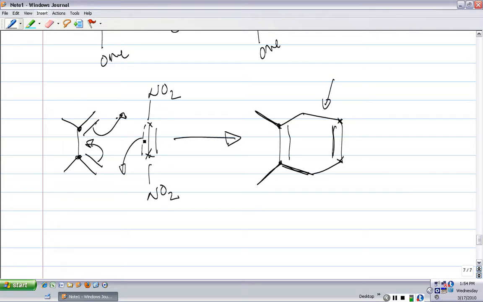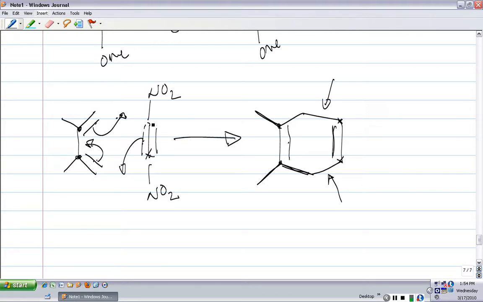I use this pi bond to form this sigma bond. I use this pi bond to form that pi bond. So all I've basically done is reallocate electron density. Some pi's went to pi, some pi went to sigma.